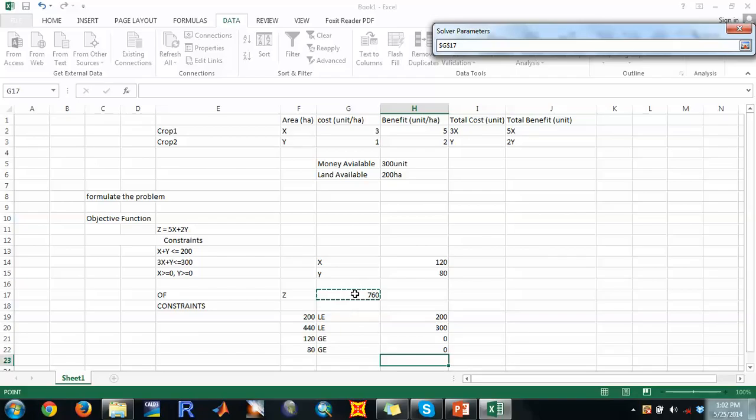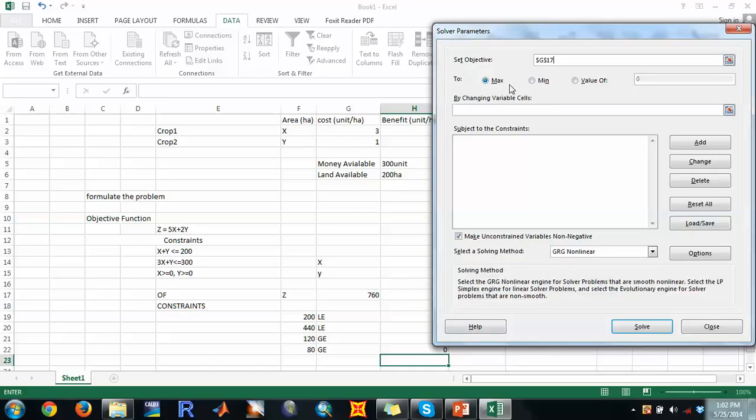This is the objective function, and it needs to be maximized. It is a benefit, so we have to maximize it. If it is a problem or an error, we have to minimize it. In this case, we are looking for a maximum benefit, so we have to maximize that.